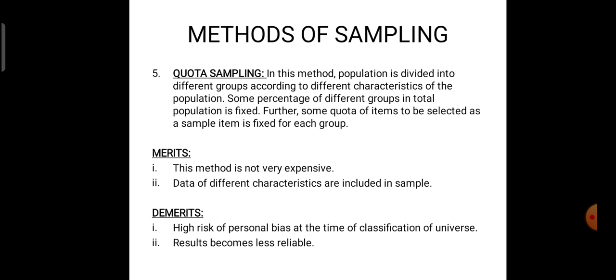Okay, so here there comes the personal bias at the time of classification of universe. And the second is, results become less reliable. Results of this method become less reliable because of the personal biases of the investigator, and also we have fixed a certain percentage and we are not including all the items.